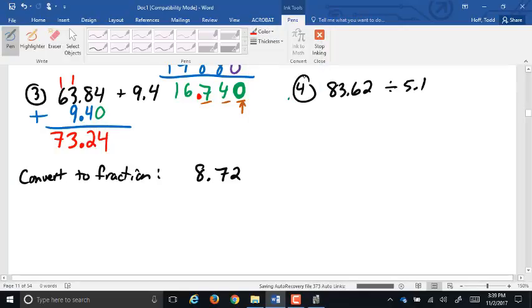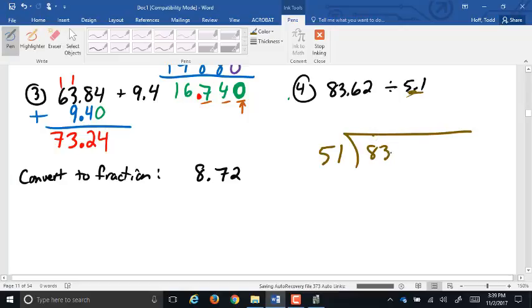Finally, the division. Well, 83.62 divided by 5.1. What are we going to turn that into? First of all, we're not going to divide by 5.1. We're going to divide by 51. So what's going to go inside the division?